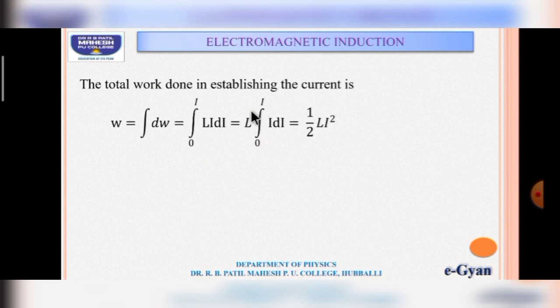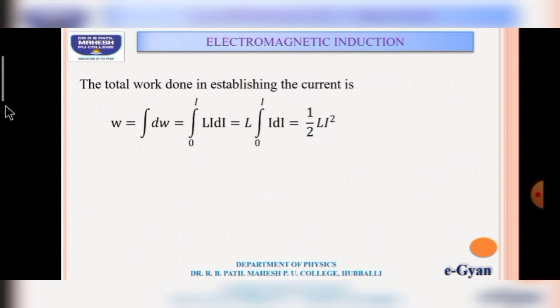Here the current is increasing from 0 to its maximum value, and that maximum value is I. Since for a given coil the self-inductance is constant, I will take it outside the integration. That is equal to L into the integration from 0 to I of I dI, and after integrating this we get 1 by 2 into L into I square.